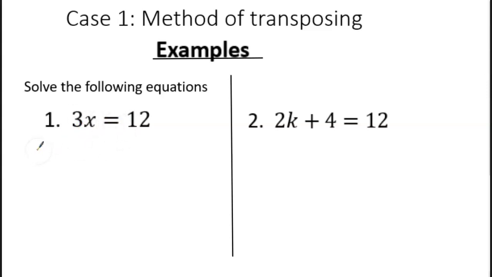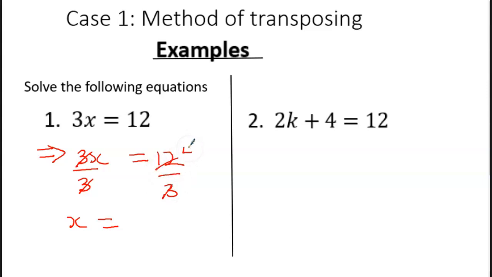So 3x is equal to 12. You divide both sides by 3, so 3 cancels, and x will be equal to 12 over 3, which is 4. That is one aspect of transposing.